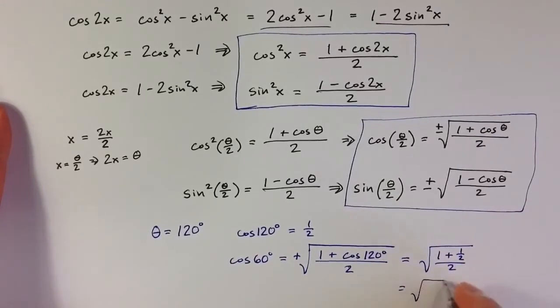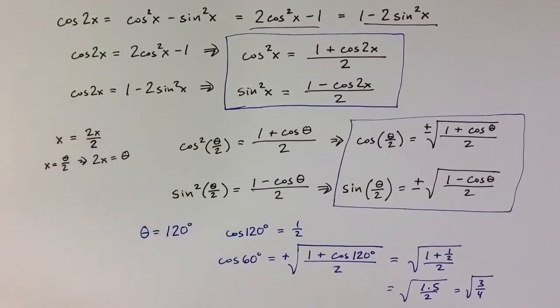But that's the same as the square root of 1.5 divided by 2, which is the same as the square root of 3 over 4. And splitting the square root to both factors, that's the same as the square root of 3 over 2, which we know from earlier examples is cosine of 60.